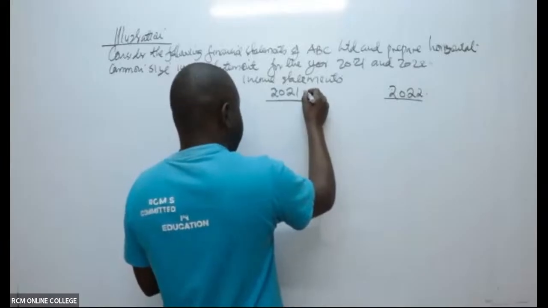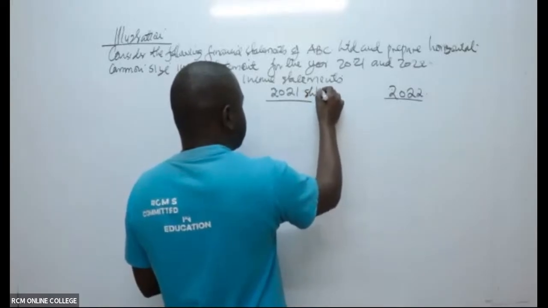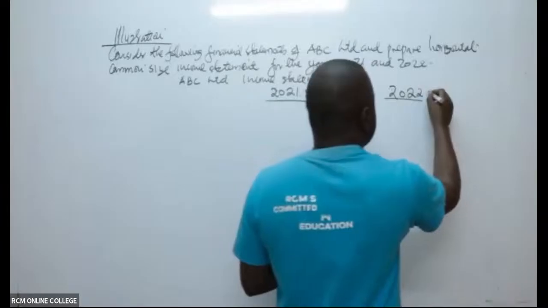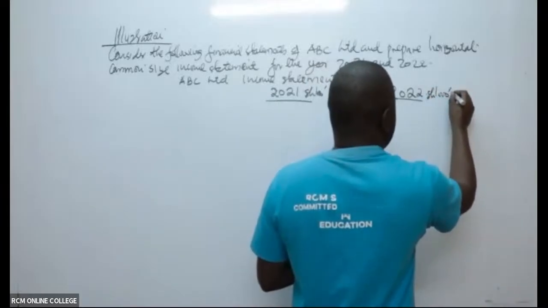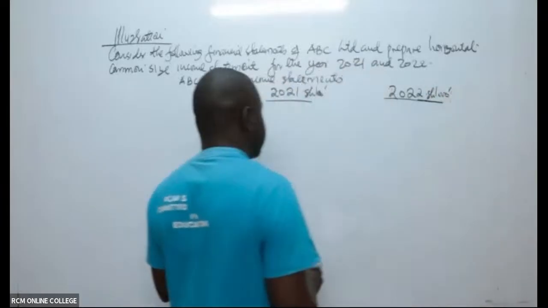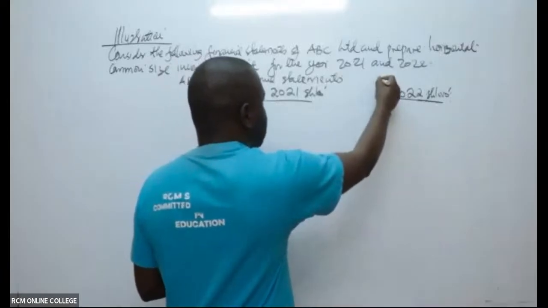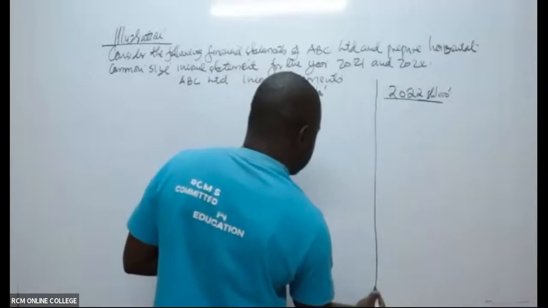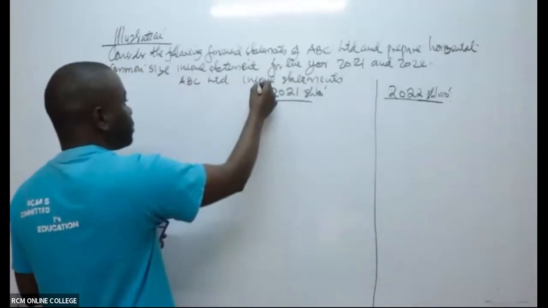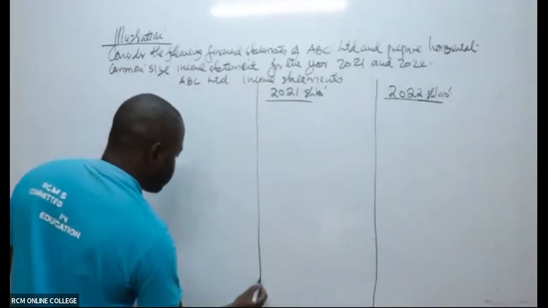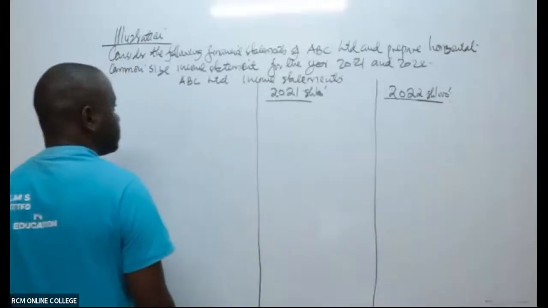Of course our shillings are actually in thousands. Then let's have these.